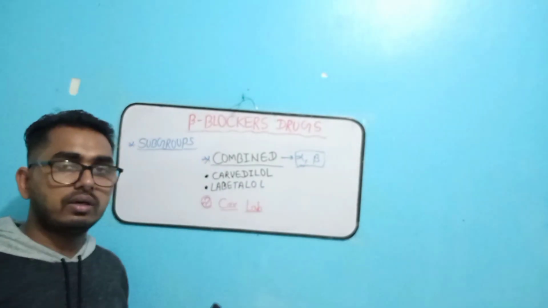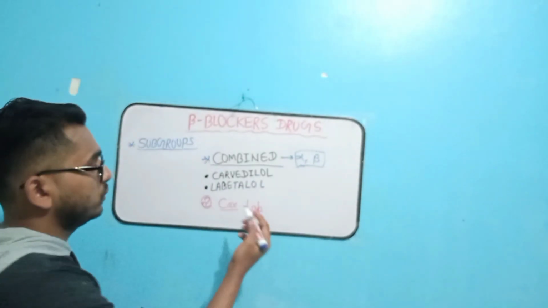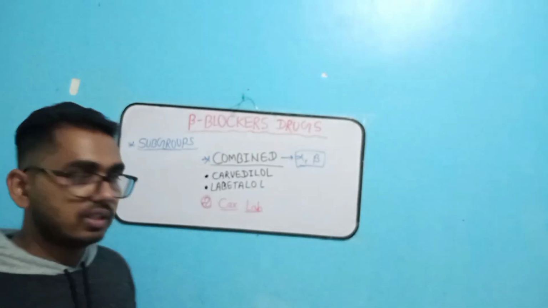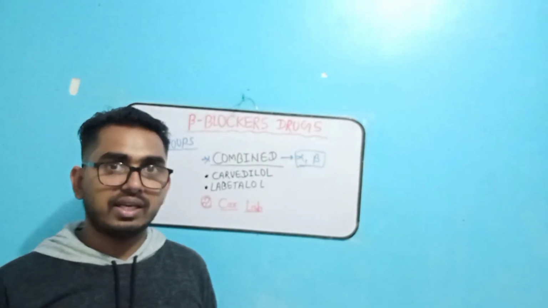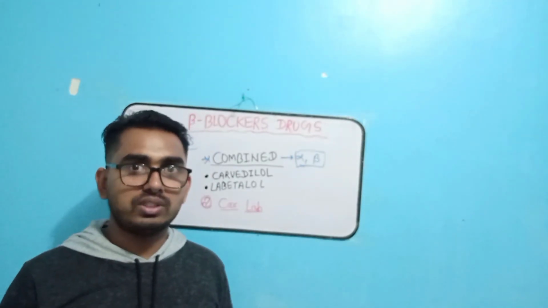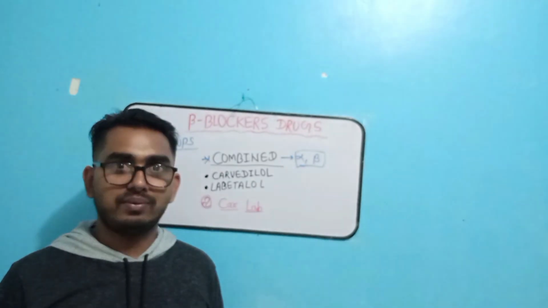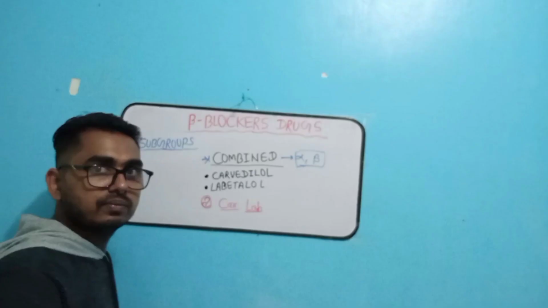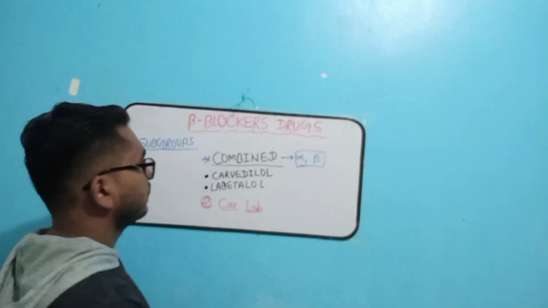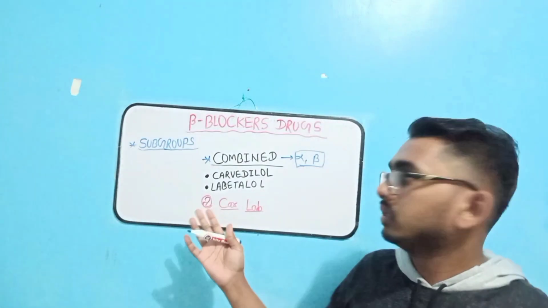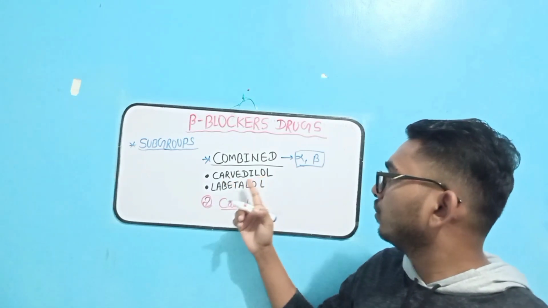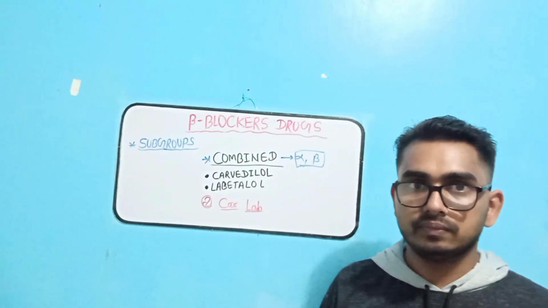And for the mnemonic, we can use the car lab. Normally car is made in the garage, but we are studying pharmacology here. So as pharmacology students, we have to talk about the lab, not about the garage. So we can memorize these two drugs as a car lab, the carvedilol and the labetalol.